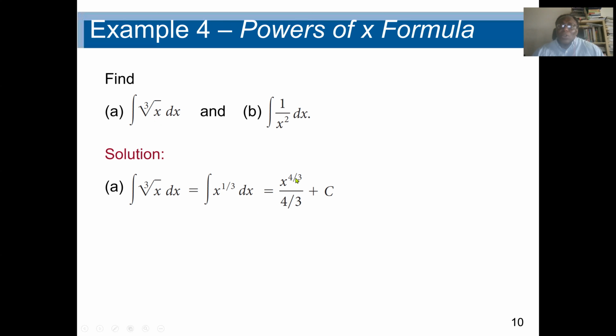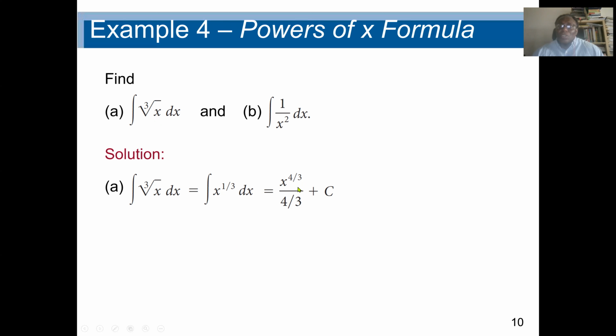Then we are going to have the coefficient 4/3 from the exponent. So 3/4 and 4/3 will cancel each other. Then the exponent is 4/3 minus 1, which will give me 1/3. So at the end, we get x to the 1/3.